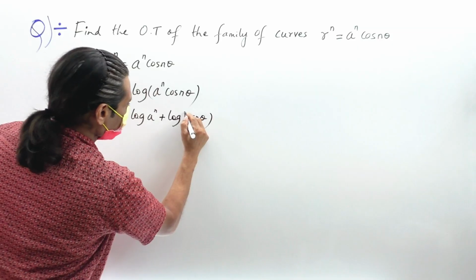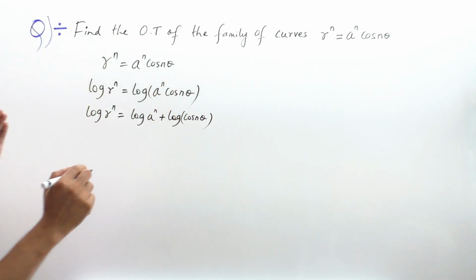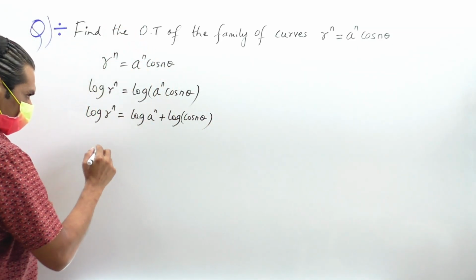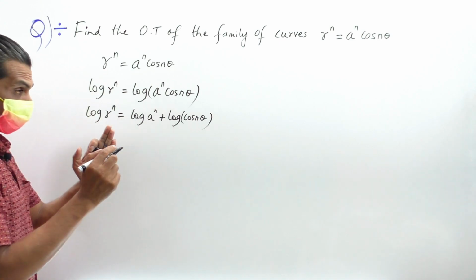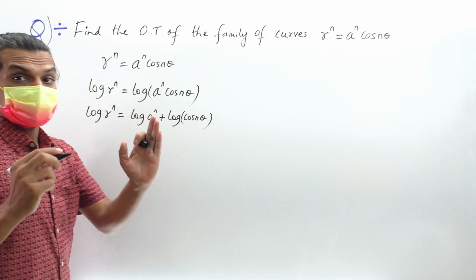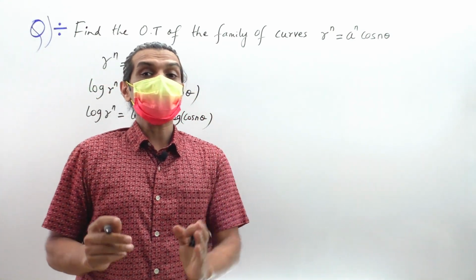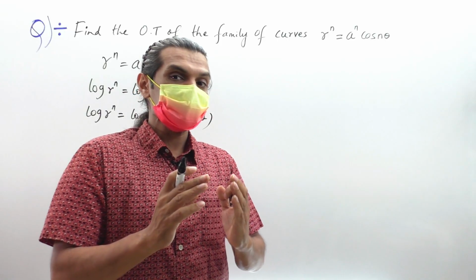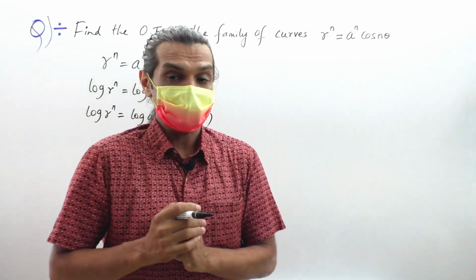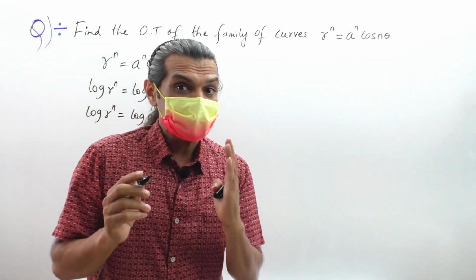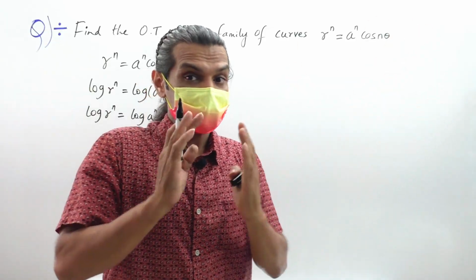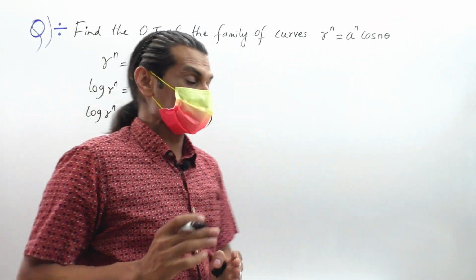I'm solving each and every step here so that you don't get confused. Again, log r raised to n is nothing but, what's the property? Log of a raised to k is k log a, a very powerful property of logarithm. The power comes down.